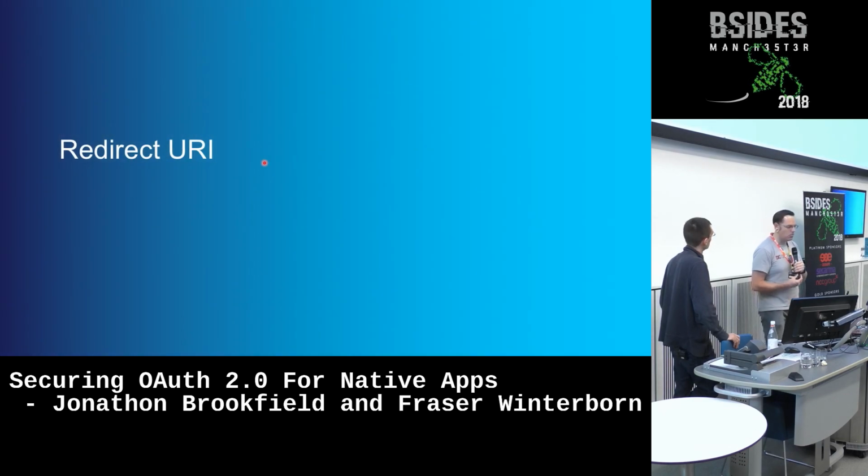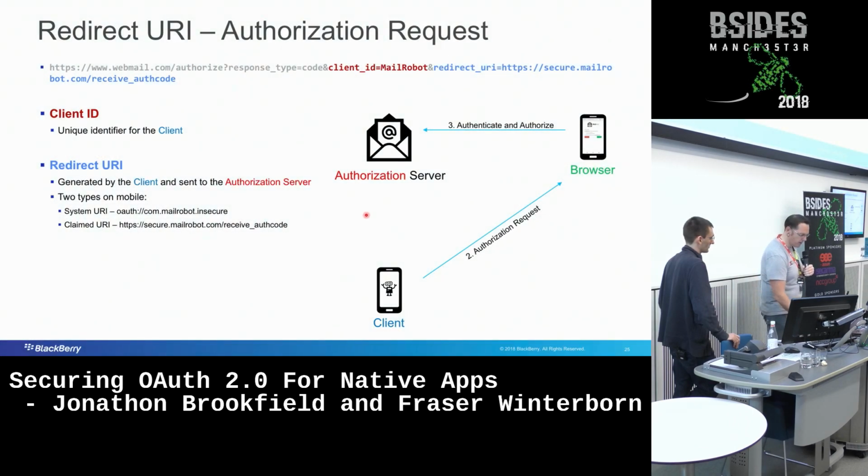So now we're going to move on to talk about the redirect URI and some of the vulnerabilities that exist in or with it, specifically on mobile. So when the client is making an authorization request, it sends a URL of the following form, as you can see on the top. Within the URL, we have the client ID, which is just a unique identifier for the client.